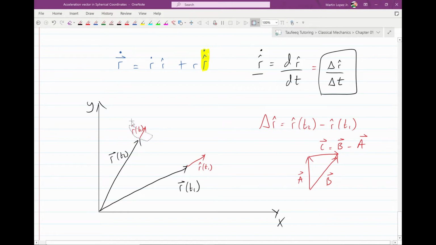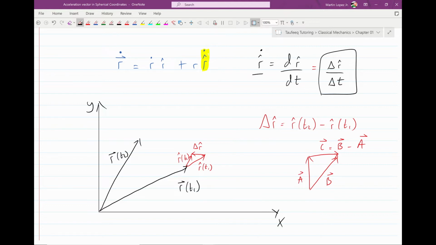Okay, so if I move this, because they need to be tail to tail, I get this vector, delta r hat. That's the difference between two unit vectors, and that's what we're looking for, right? If we can find what that is, we just need to divide it by delta t. Delta t is just some constant, right?